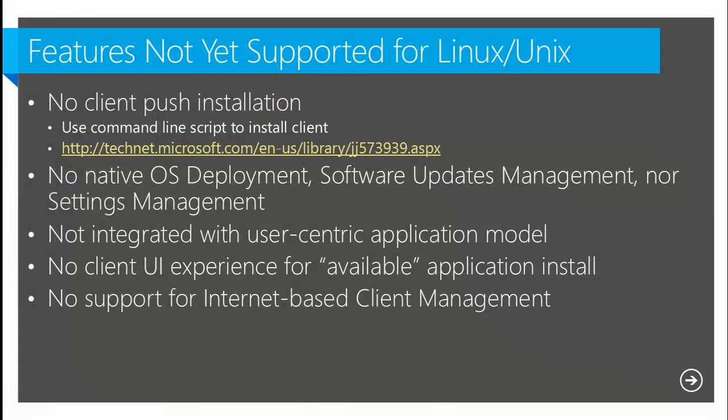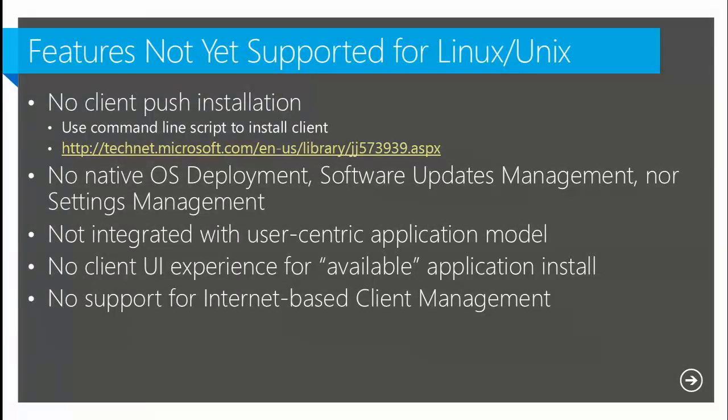And we don't have settings management, or what we used to call desired configuration management. So we don't currently offer settings policy management for Unix and Linux in our current release. Because we're focusing on the management of servers and we've built on packages and programs, obviously we have not implemented the new application model that comes with Config Manager 2012.